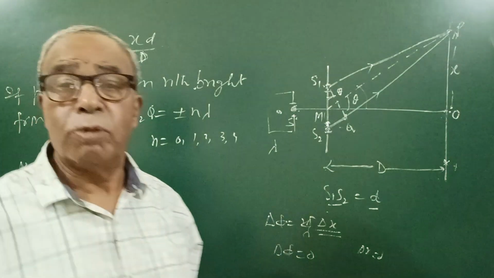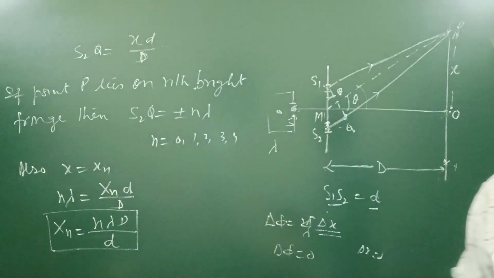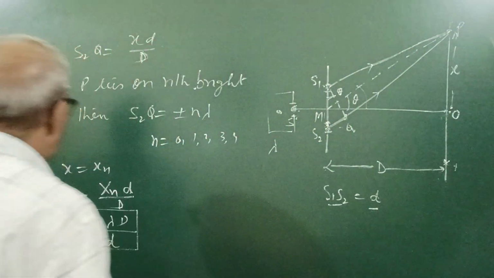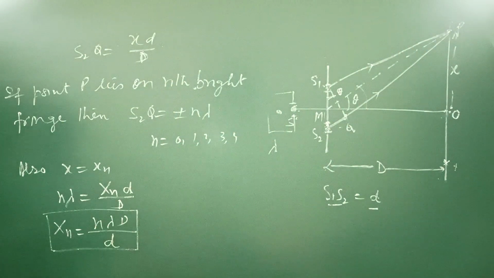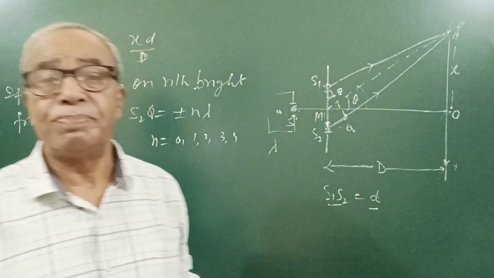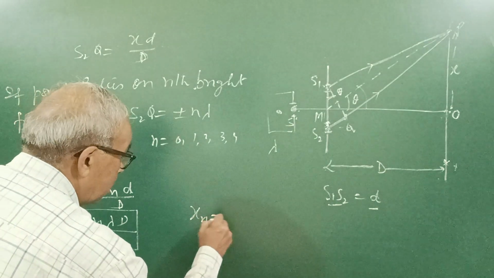When I ask the student what is Xn, they feel trouble in explaining this. Here Xn is the distance of nth bright fringe from central maximum. Xn क्या है?